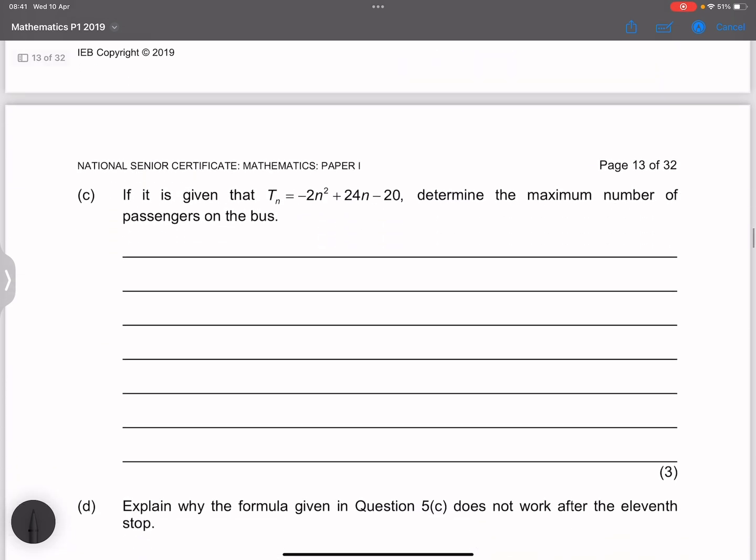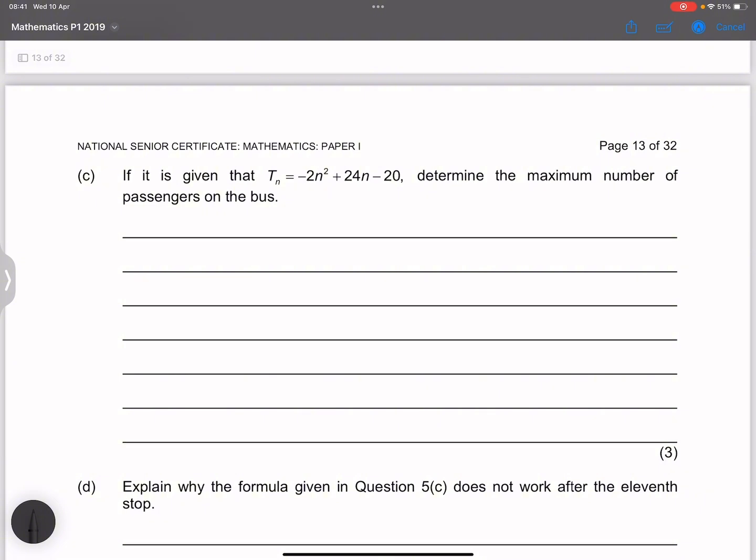Right, now, and they've given it to us there, just in case you didn't get it. So they say if it is given that Tn is -2n squared plus 24n minus 20, right, determine the maximum number of passengers on the bus. Right, now how do we get the maximum number in this case?